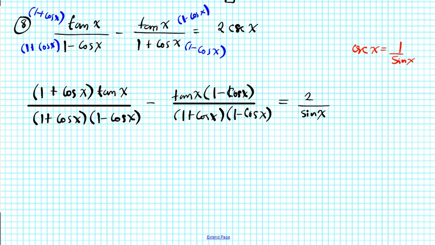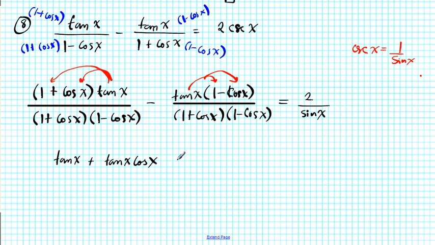Well, I can distribute, right? Distribute the terms outside the parentheses inside. So this I can distribute to 1 and cosine. And then this I can distribute to 1 and cosine also. So that gives me tan x plus tan x cosine x.